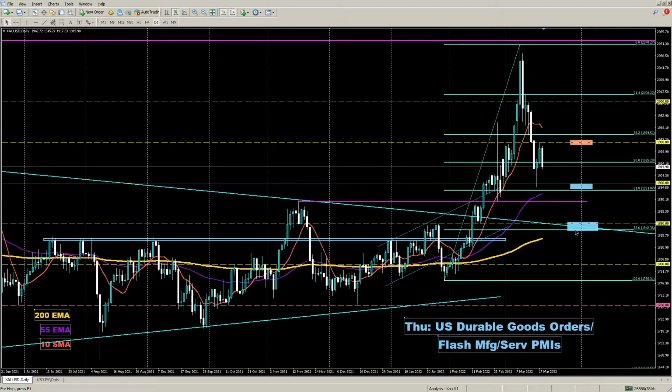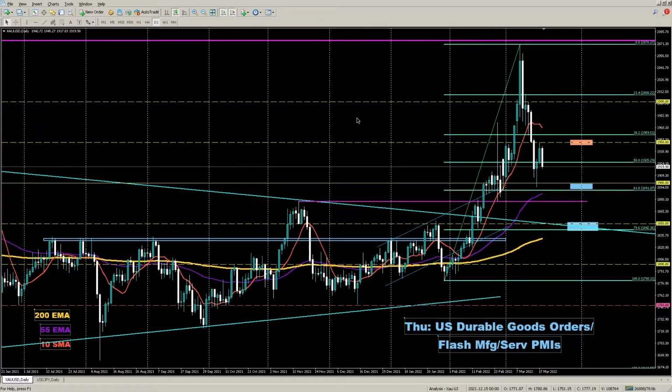If it does break down lower, that's going to be the major support zone. All right, this coming week, there's not many significant news. There's only the durable goods and flash PMIs.